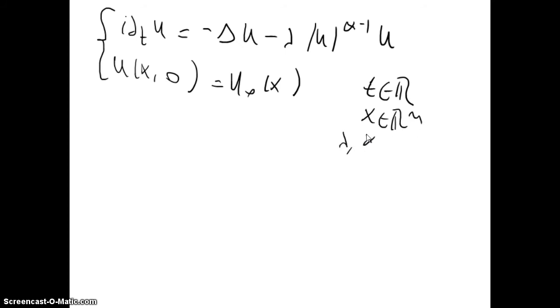Lambda and alpha are real, but at first we established that alpha is greater than 1, okay?